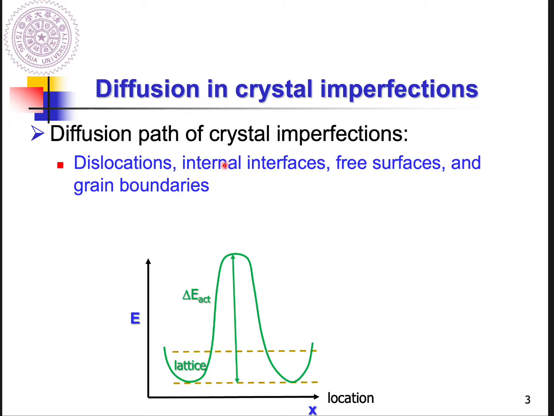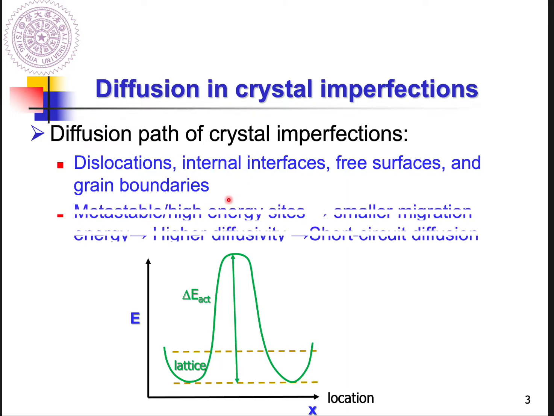So if atoms are located at these crystal imperfection sites, these sites usually have higher energy and belong to metastable sites.